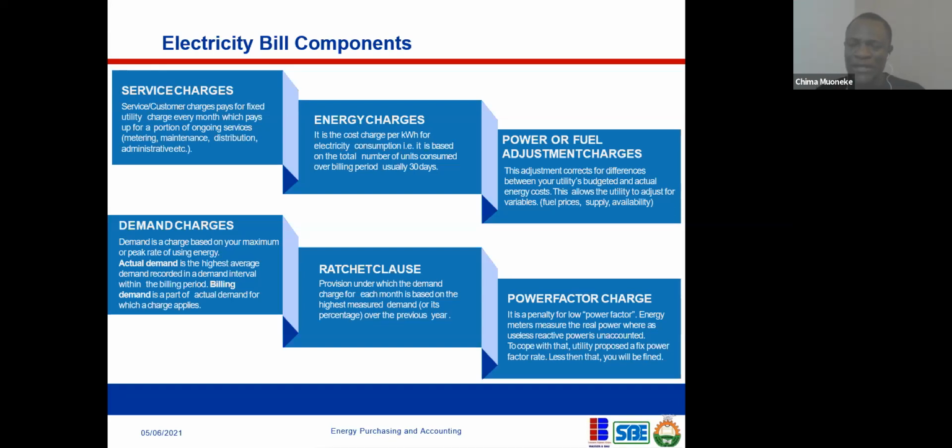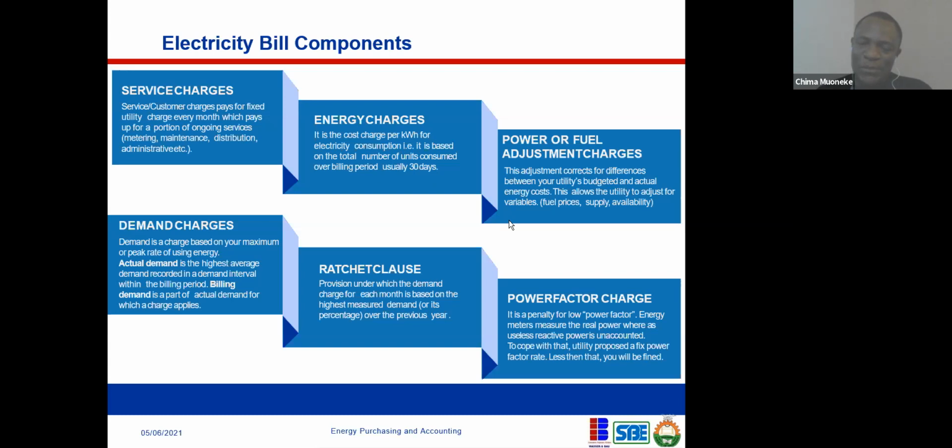We'll get to the point where we'll have a full operational market. At that point, you can decide to buy from, maybe, Port Harcourt distribution company, or choose your supplier. At the final stage, you can switch who supplies you electricity, and that's the situation in the UK at the moment, where you can choose who sells electricity to you. So Nigeria is still on the way towards that process.